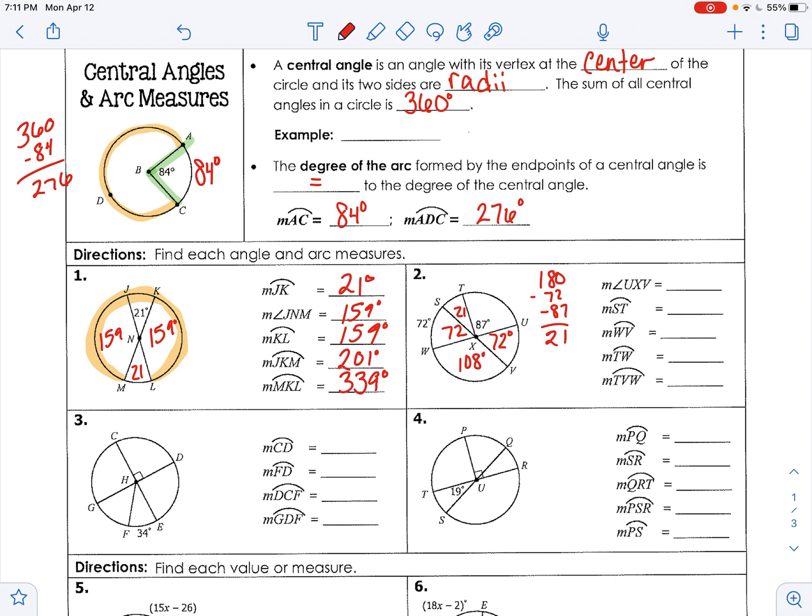All right, now we can start working. Arc XV is 72. ST would be 21. WV would be 108.